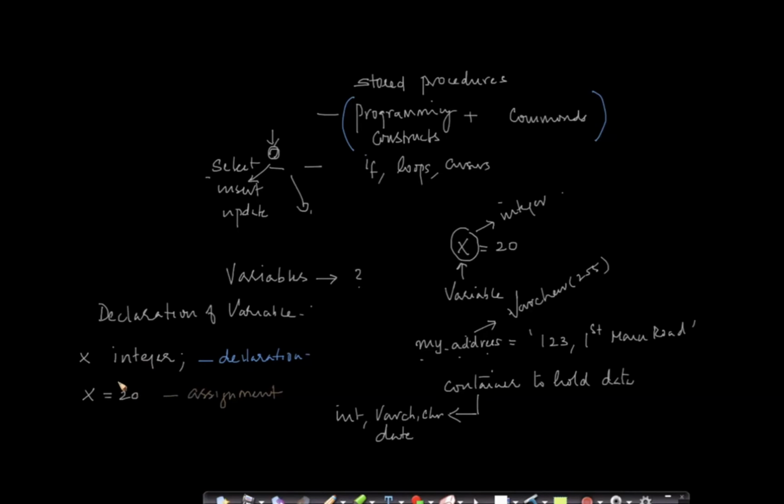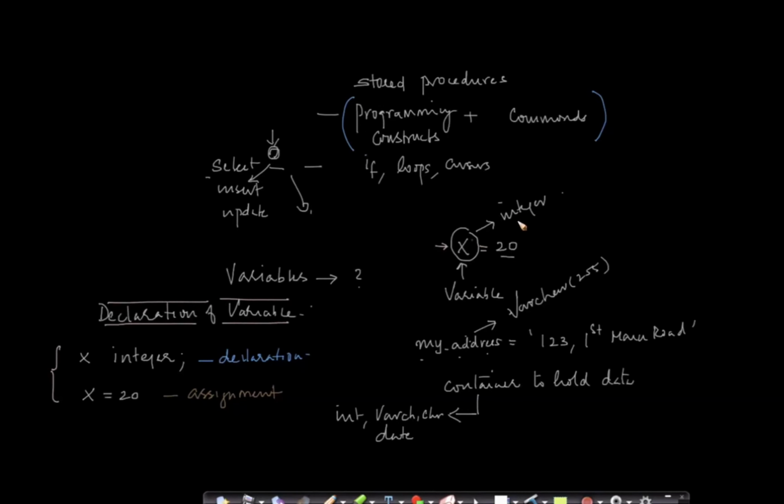So hereafter, if you try to put something other than integer into X, MySQL will complain, right? It will say, you said you will be putting only integers. Now you are trying to put something else, and I will not allow it. So these two things need to be done when we are creating variables. A variable has a name and it has a value.